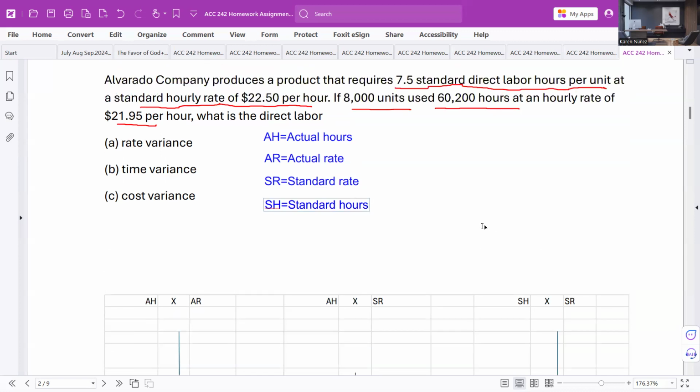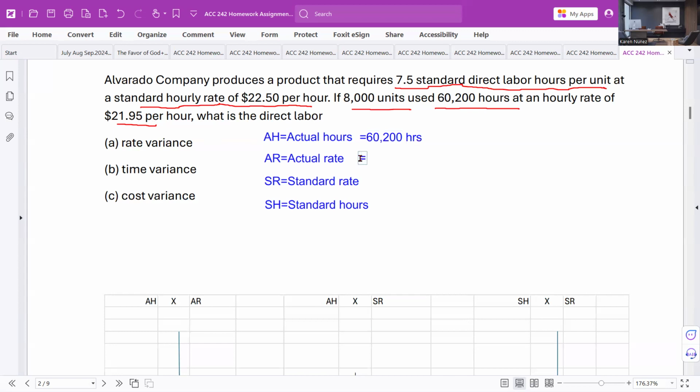Now let's plug in the givens, the numbers that were given. So what we know in this case is that we do have some actual hours. They actually worked 60,200 hours at a rate of $21.95.